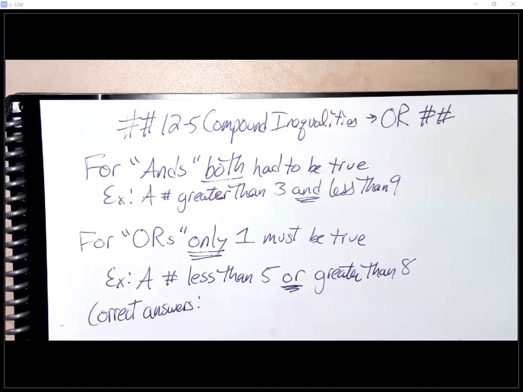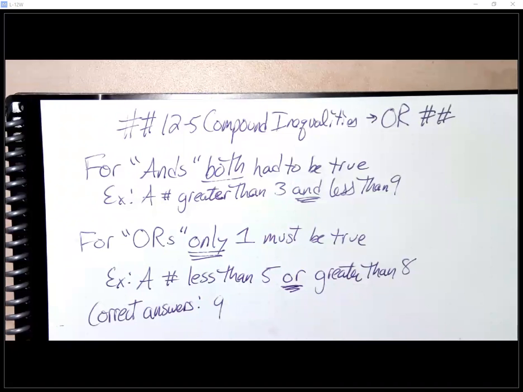So give me one number that does fit this. Give me a number that's less than 5 or greater than 8. 6. Sure. No, wait. Not 6. I need a number that's either less than 5 or greater than 8. 9. Sure, 9 would be an okay answer. Give me another one.